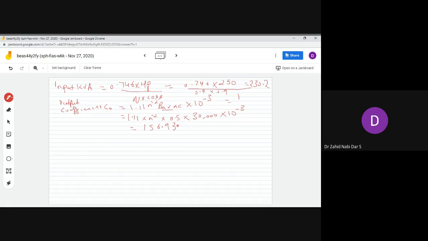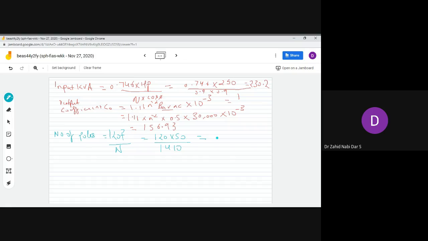Now the number of poles would be equal to 120 F by N. So 120 into 50 divided by 1410.